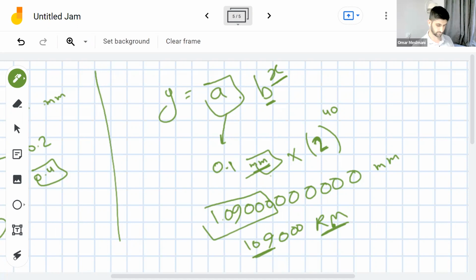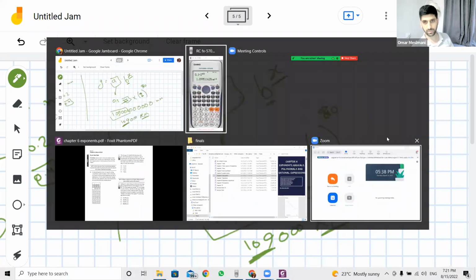So what is the distance from Earth to Moon? The distance is actually 384,000 kilometers. So it's not 40 times, it's more than 40 times. The concept is, if you fold a paper 40 times, you have 100,000 kilometers.